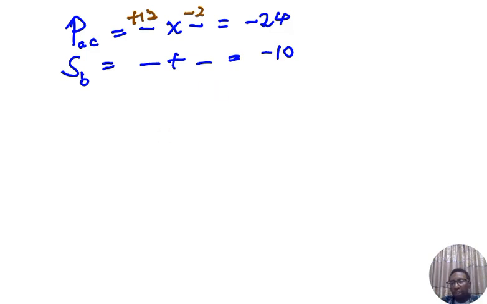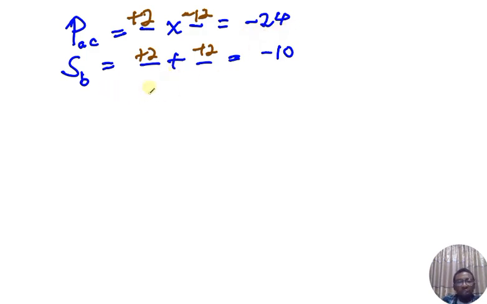That should have been plus 2 and minus 12. So if I find the sum of plus 2 and minus 12, I'll get minus 10. If I multiply plus 2 times minus 12, I'll get minus 24.